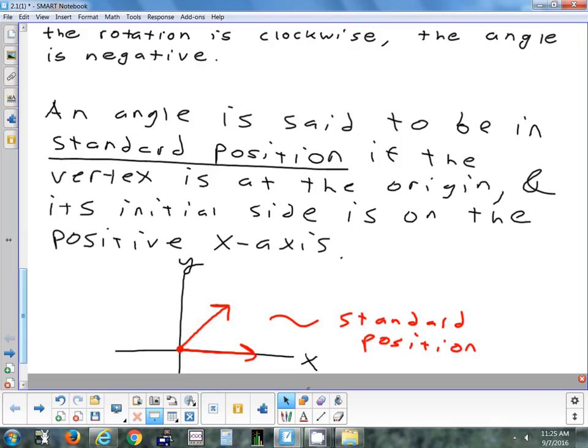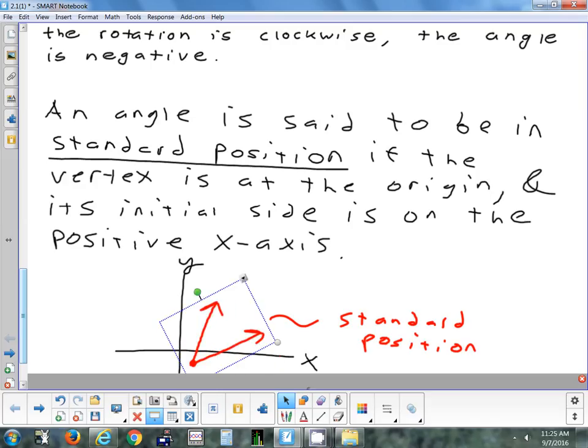What if I took this angle and went like that? Is that still standard position? No? How come? Right, the vertex isn't at the origin. The initial side is still on the positive x-axis, but I have to have that vertex at the origin.